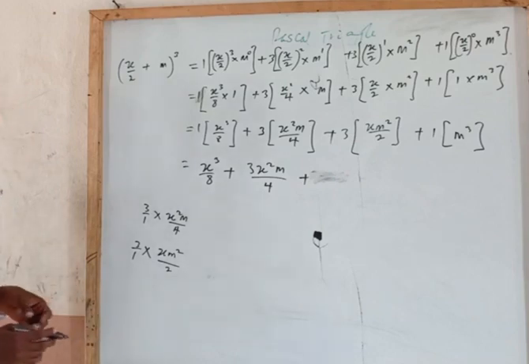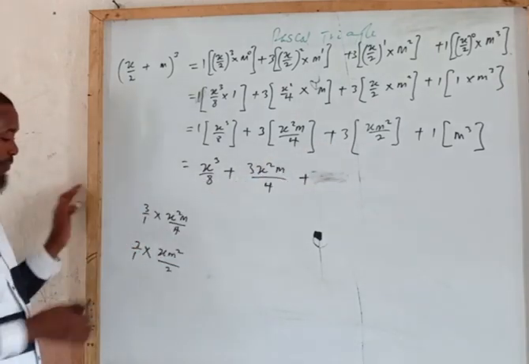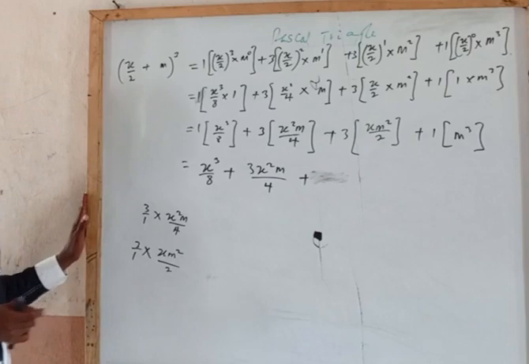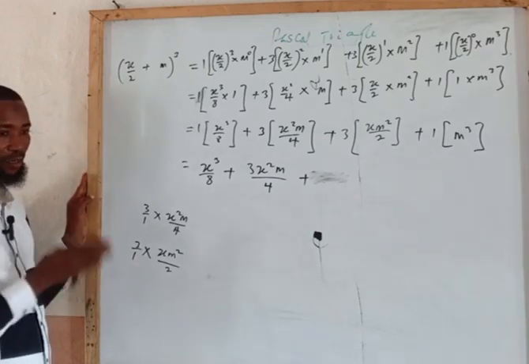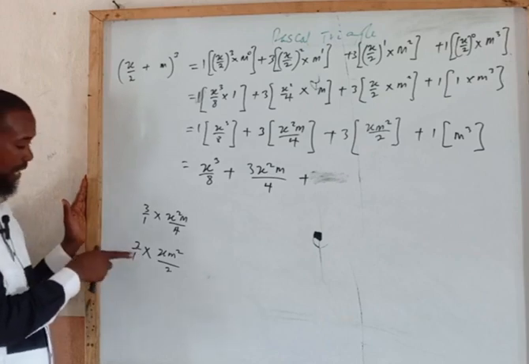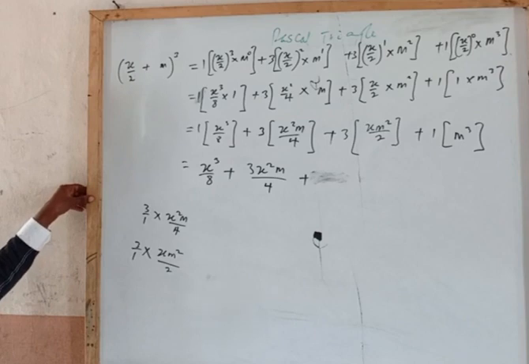Remember, the reason why I changed this 3 to 3 over 1 is because I'm trying to multiply a whole number by a fractional number. And if such is to be done, to avoid any confusion, it will be better we also express that whole number as a fraction, since every whole number can be written in fractional form.